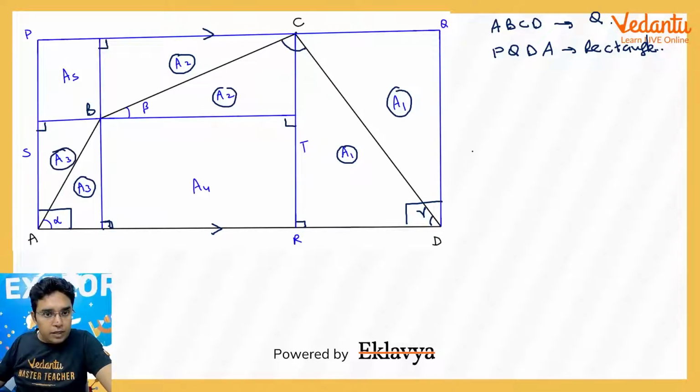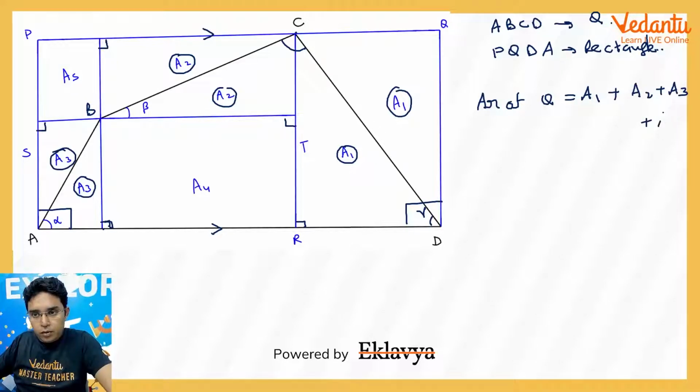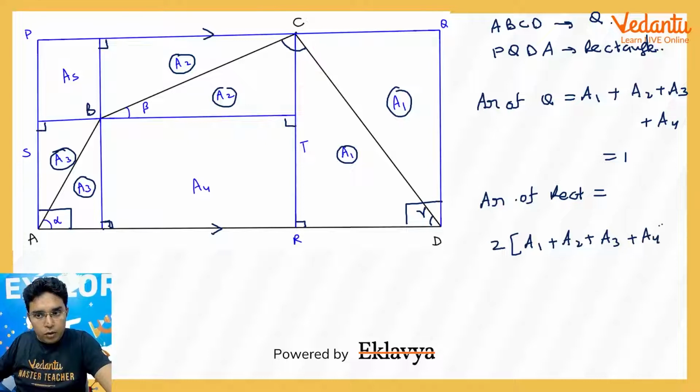So now you can see the area of the quadrilateral, that was 1. The area of the quadrilateral is A1 plus A2 plus A3 plus A4, and this is equal to 1. Whereas the area of the rectangle in this case is 2 times A1 plus A2 plus A3 plus A4.